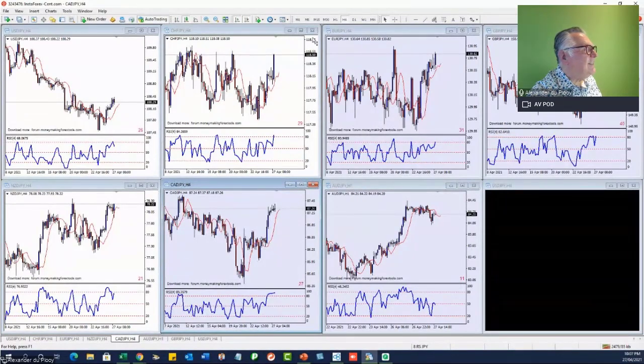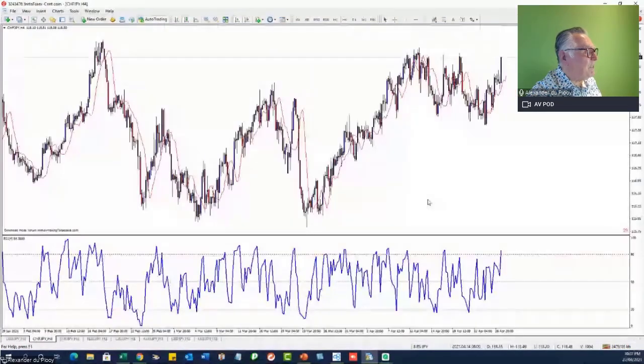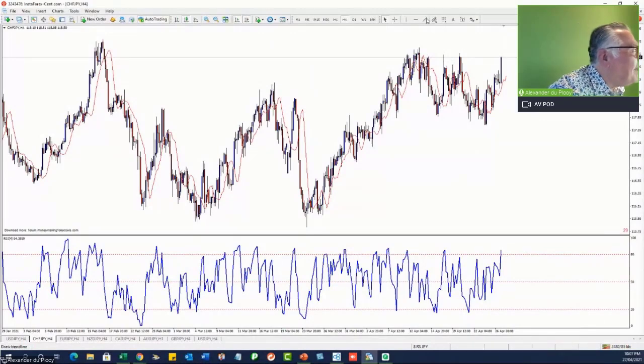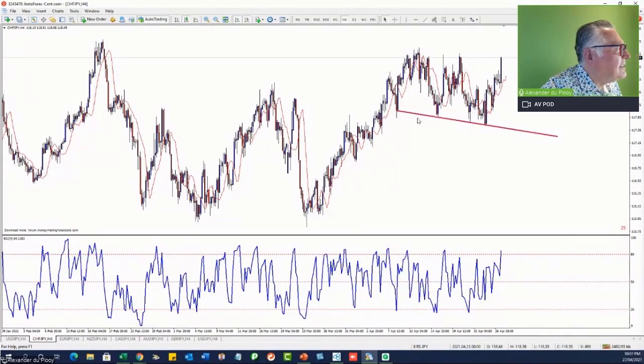All right. Now this is potentially the trade of the day. I'm not sure if this is right. Let's just see what it looks like. Yeah, it's most probably right.